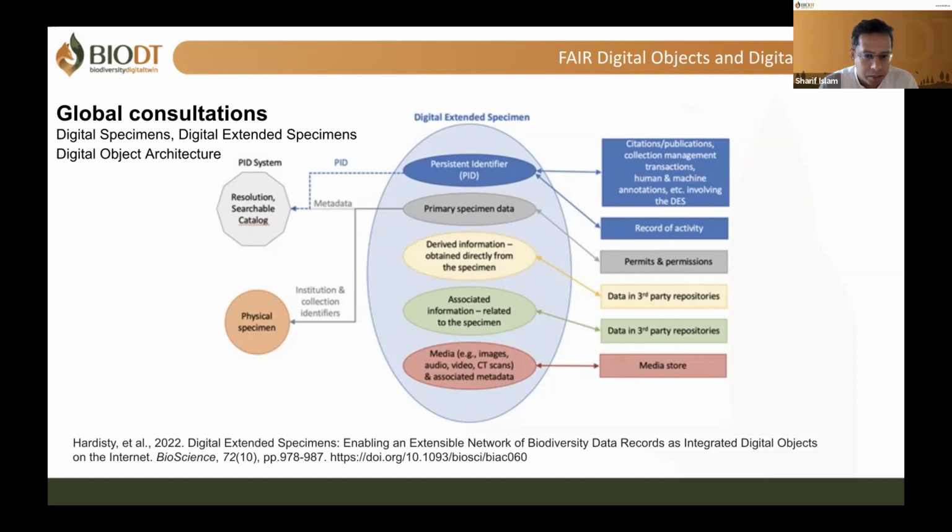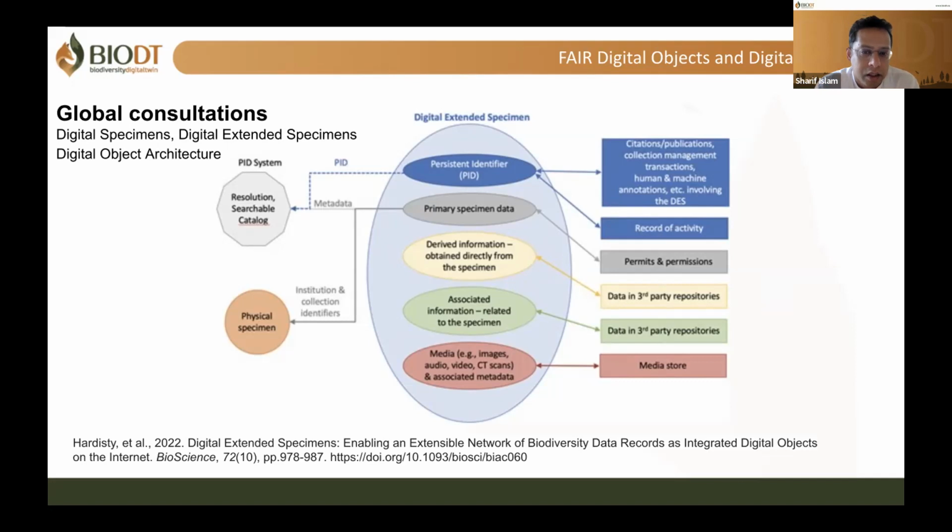And I'll give an example soon, where you'll have some core primary specimen data, but at the same time, there will be derived information, associated information related to the specimen, also media images and things like that. And the whole idea of extension is that we take these physical objects and take it to different links and different operations that might be related, derived, or not stored in the same place. So there's also a distributed aspect of that.